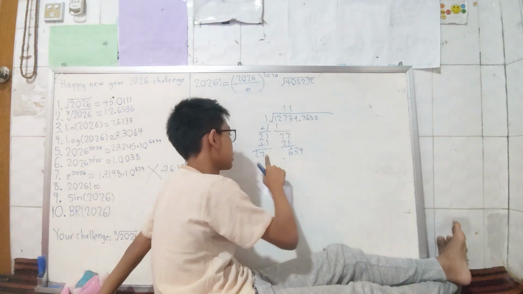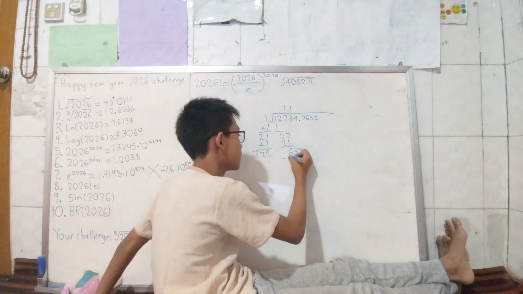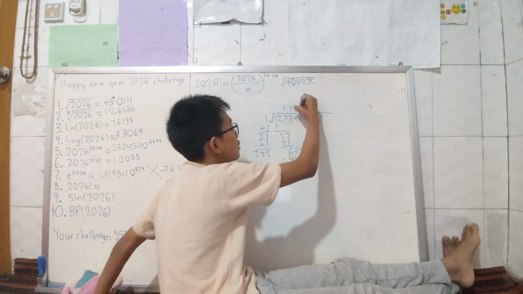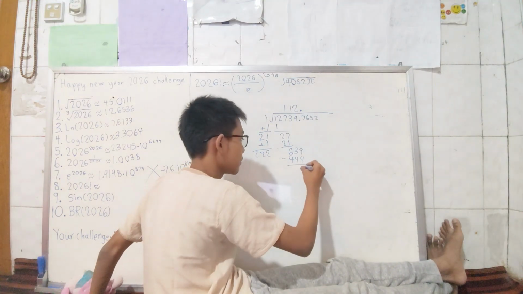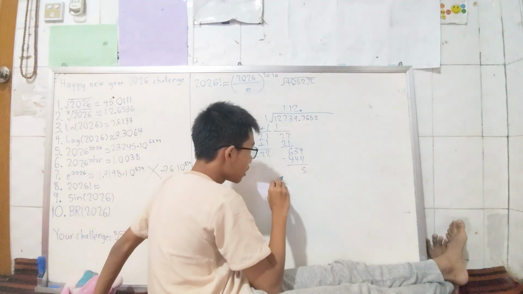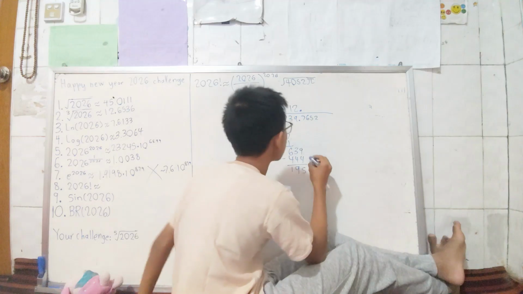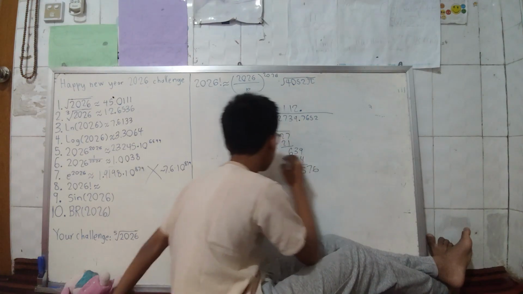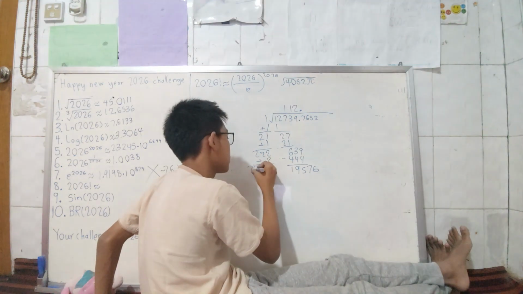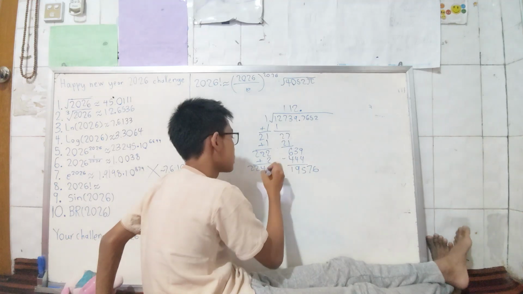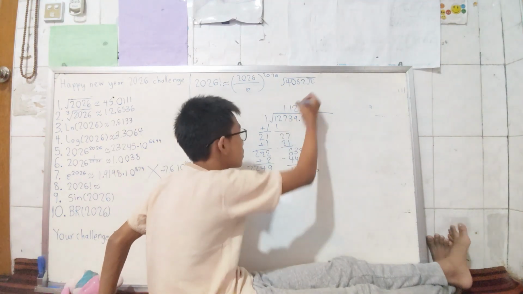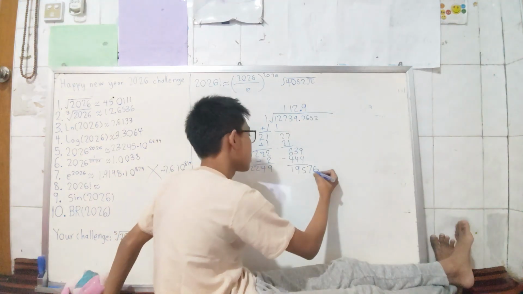So no, it's gonna be 2. 2 times 2, that's gonna be 4, 4, 4. 1, 1, 2, that's gonna be 5. 9, 1. And that's gonna be 7, 6 right there. 2, 2, 4. 7, no 9. I think so. That's gonna be 9.